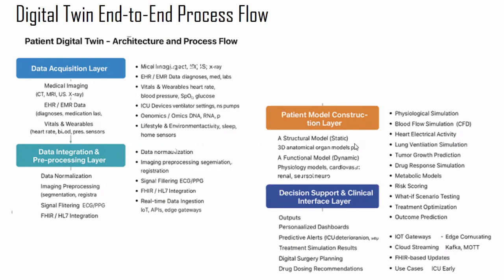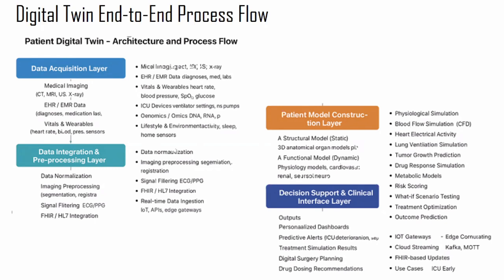Once that is done, this patient model construction layer is where the complete functionality happens. For example, you see a few things here: physiological simulation or blood flow simulation, heart electrical activity, and lung ventilation simulation.